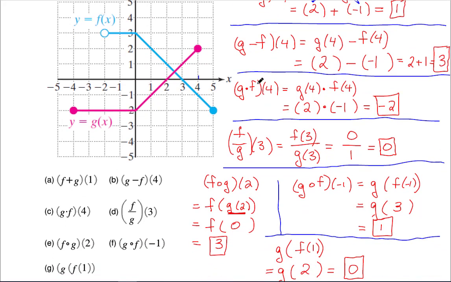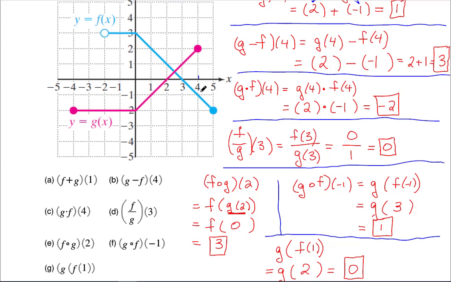What about g times f of 4? Well, that's g of 4 times f of 4. Now we already found them, so there's nothing new there. g of 4 is 2 and f of 4 is minus 1. f divided by g of 3. So we need f of 3 divided by g of 3.